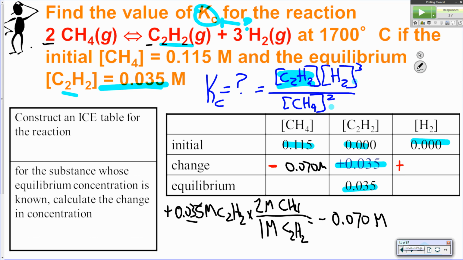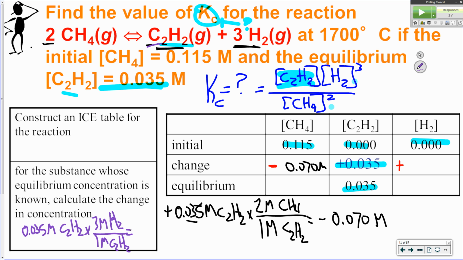All right, so on this one, I know that for every acetylene that's formed, there's going to be 3 hydrogens. So if I want to set it up with the C2H2 in the stoichiometry, let's do it that way. So I've got 0.035 molar C2H2, and there is 1 molar C2H2, sorry, I said 4, for 3 molar of the product, H2.